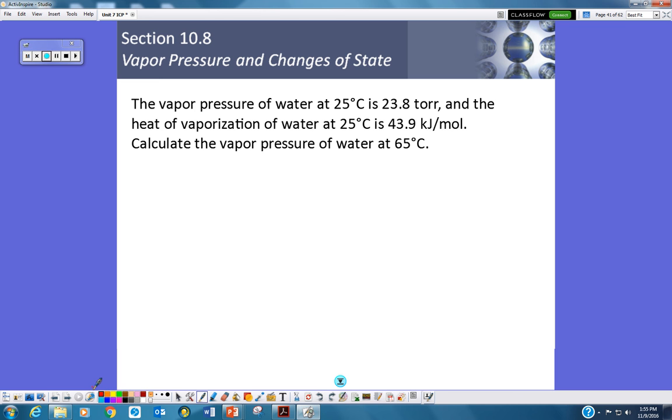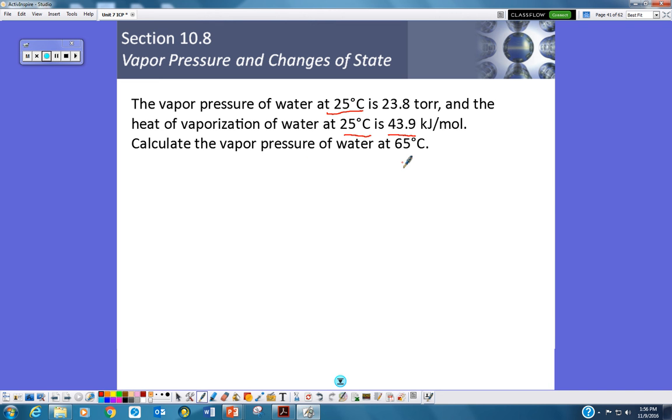All right, so we have a question. The vapor pressure of water at 25 degrees Celsius is 23.8 torr, and the heat of vaporization of water at 25 degrees Celsius is 43.9 kilojoules per mole.